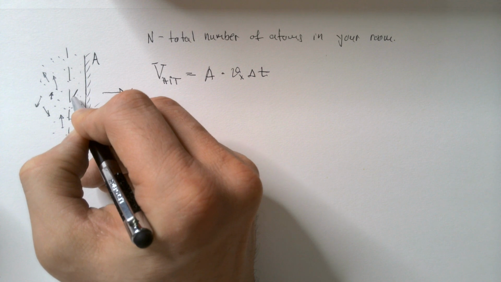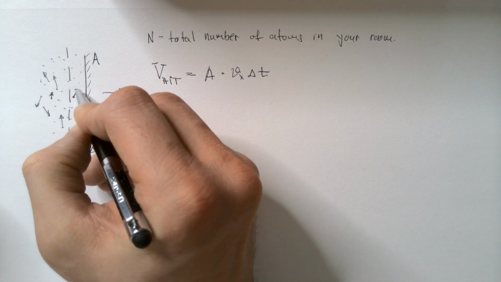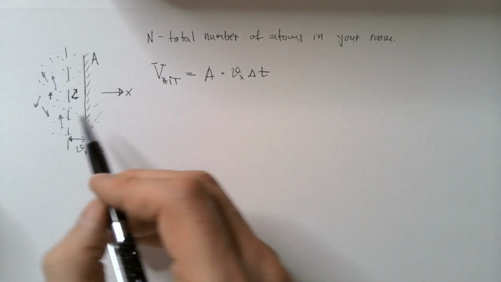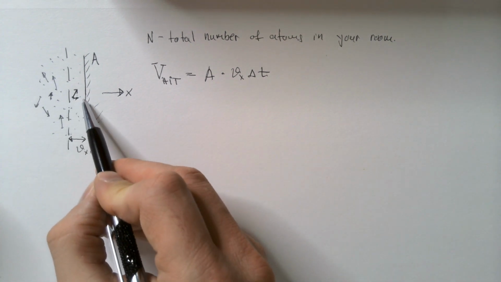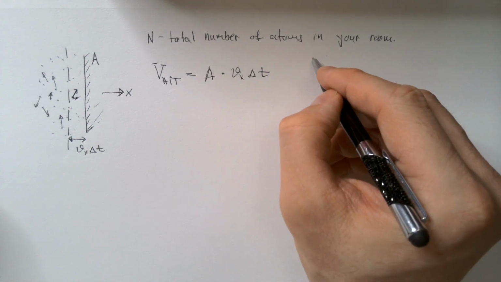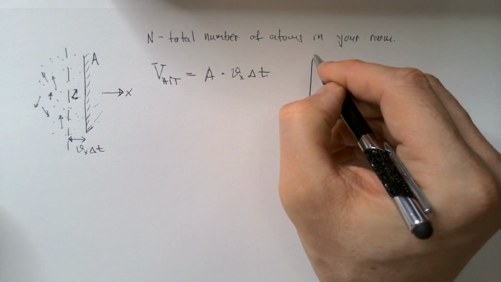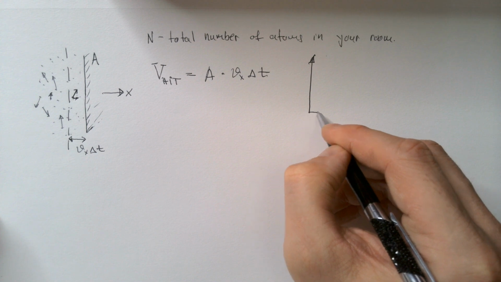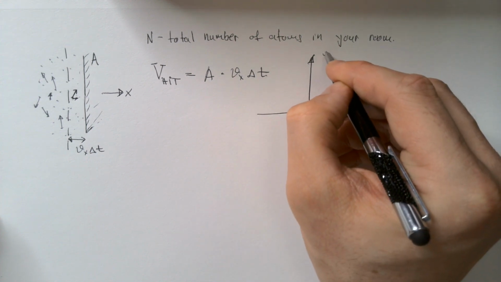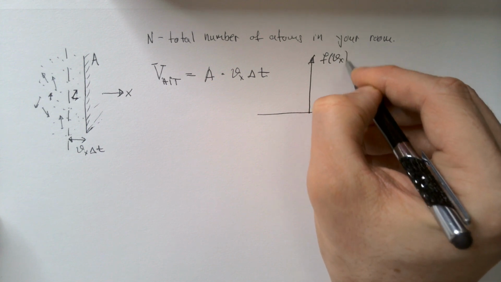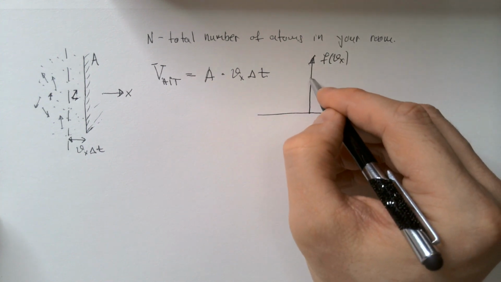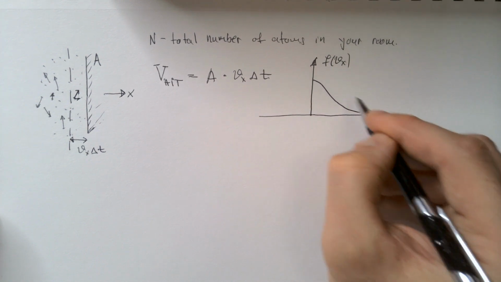Let's say this is the speed, but only the component of that speed towards the wall will bring this atom into collision with the wall. The distribution of speeds based on the Maxwell-Boltzmann law in one direction, here is f of Vx and here is Vx, has this nice Gaussian shape.